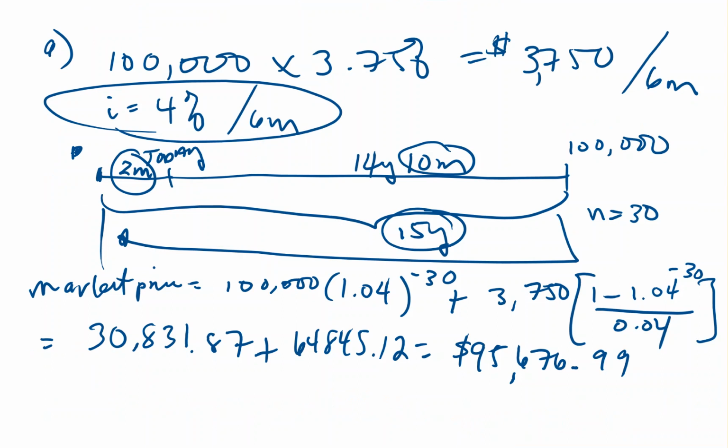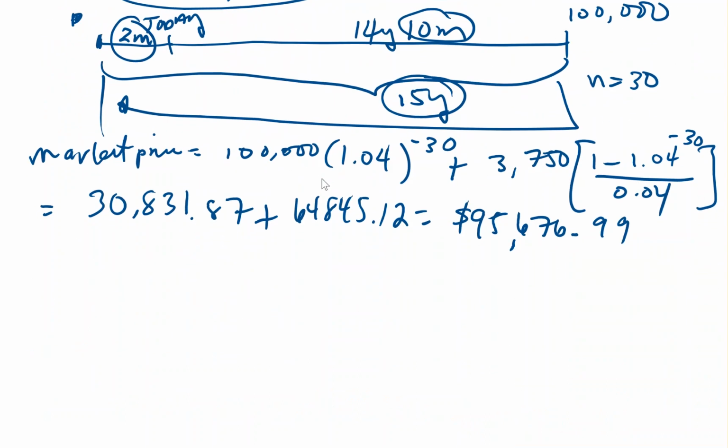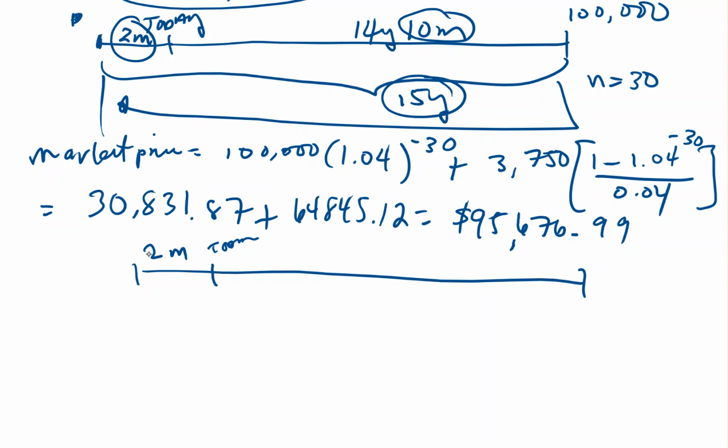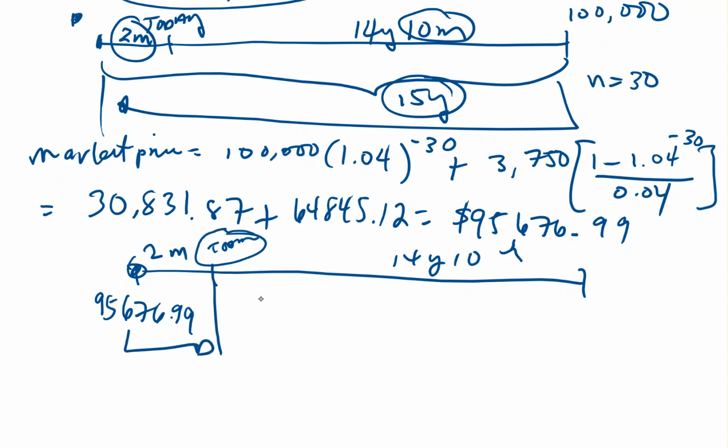Oh, sorry, I'm not done yet. I forgot one last thing. Again, that's 2 months, and let's say that's today, the purchase date, which is 14 years, 10 months. At this point it's 95,676.99. I need to bring it up to here, which is what the question is asking today. So I have to add the interest for those 2 months.